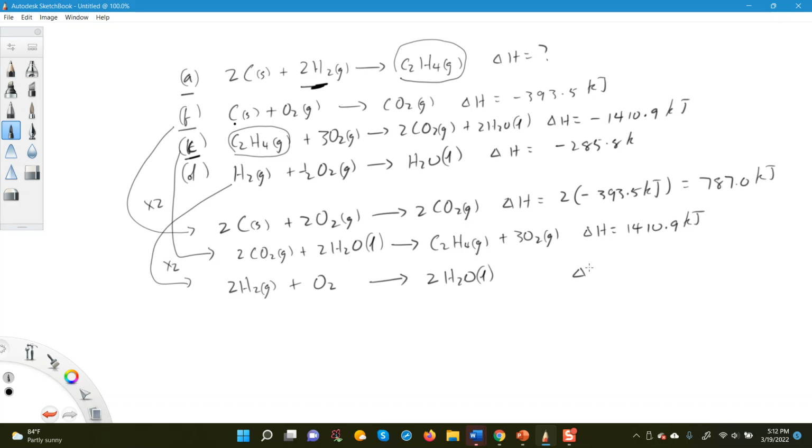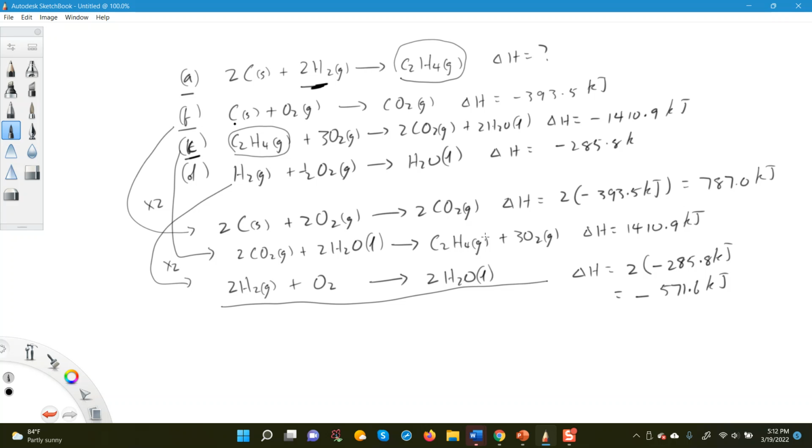And the resulting delta H value for that would be 2 times minus 285.8 kilojoules. When I work that out, that would be minus 285.8 times 2. So according to my calculations, this works out to be equal to minus 571.6 kilojoules, all right?